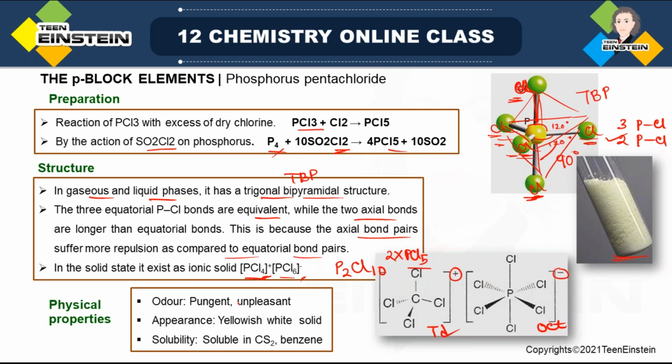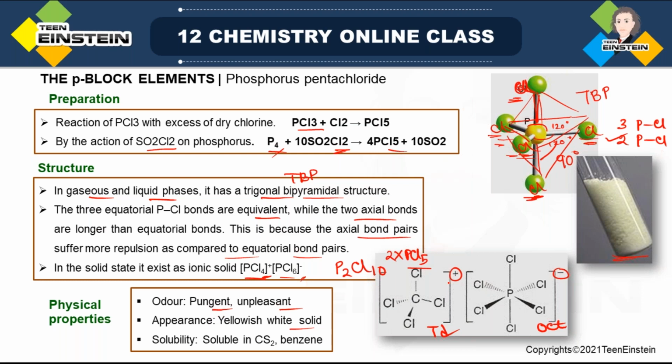Its physical properties: there is a pungent, unpleasant odor, it is a yellowish white solid, and it is soluble in carbon disulfide and benzene. Now both these compounds we consider organic solvents.